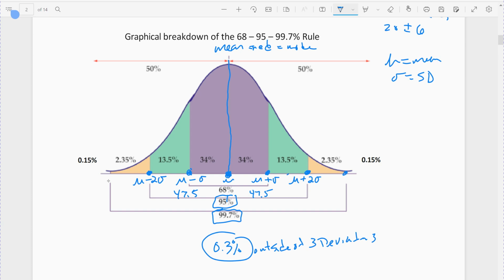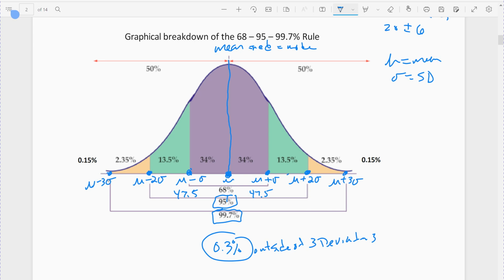This point here would be taking my mean and adding 3 deviations, and this would be the value where I take my mean and subtract 3 deviations, which means almost all of it, 99.7%, the majority of the points in our set, land within 3 deviations from the mean.